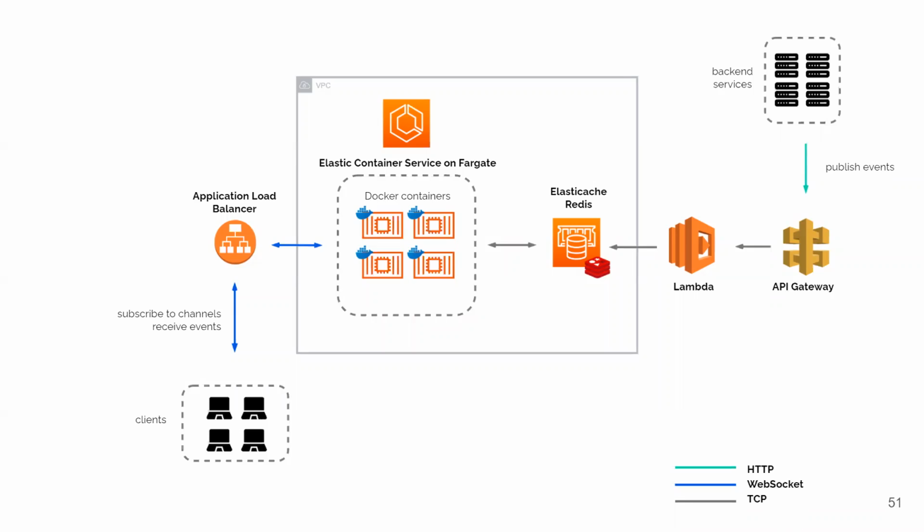Elastic Container Service is a fully managed container orchestration service. ECS has two launch types, the EC2 launch type and the Fargate launch type. We chose to use the Fargate launch type, which Amazon describes as, quote, serverless compute for containers. We also put our internal infrastructure inside a virtual private cloud. This allows us to provision a logically isolated section of the AWS cloud and creates the virtual network over which we have complete control.